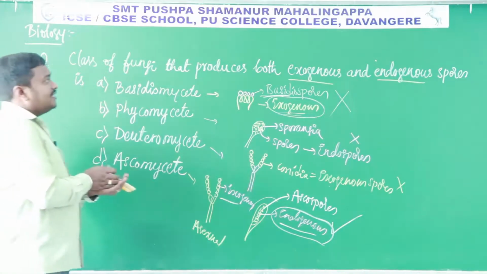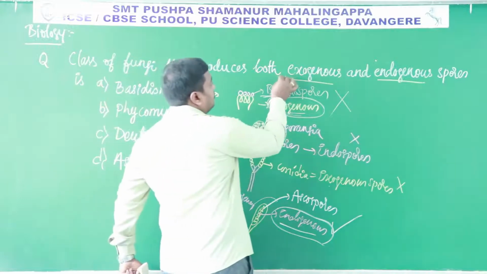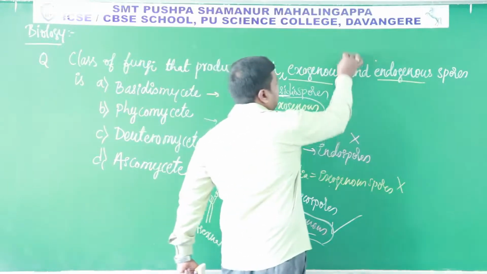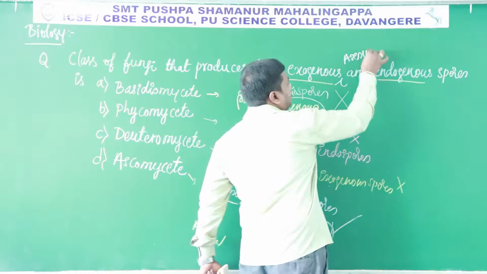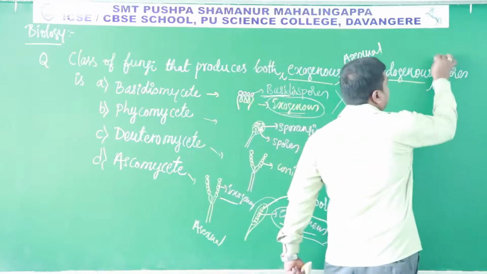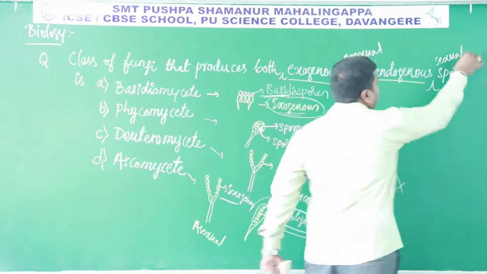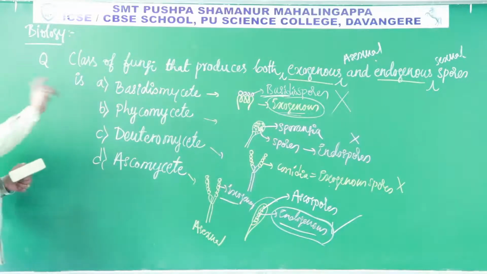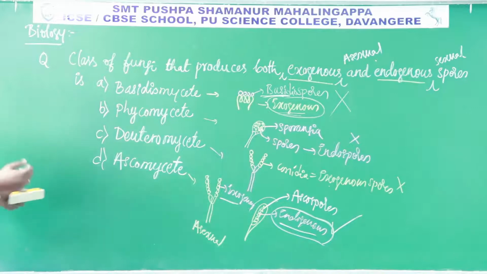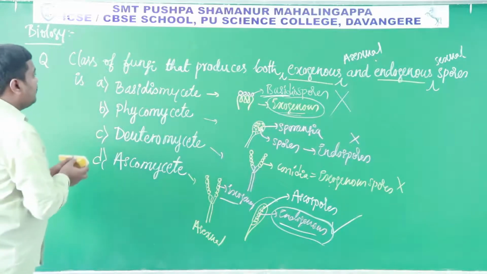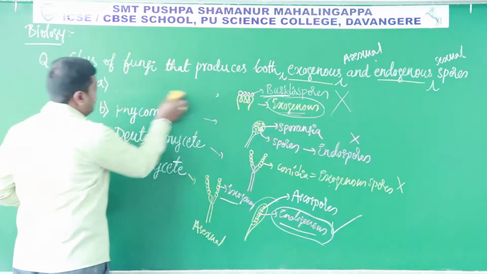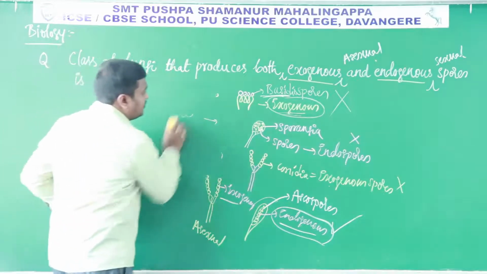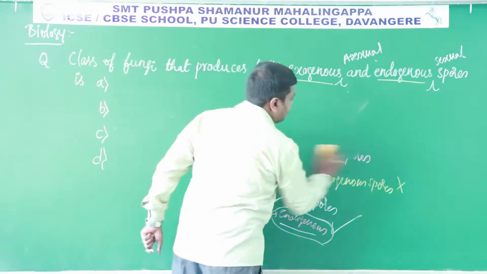So the class of fungi that produces exogenous asexual and endogenous sexual spores. The question may be asked like that also. So we can modify that a little, or even the same question by changing the options. You can change the options by giving examples.